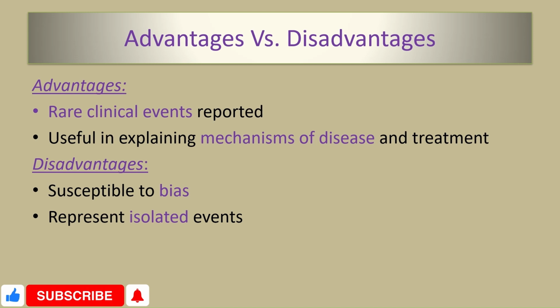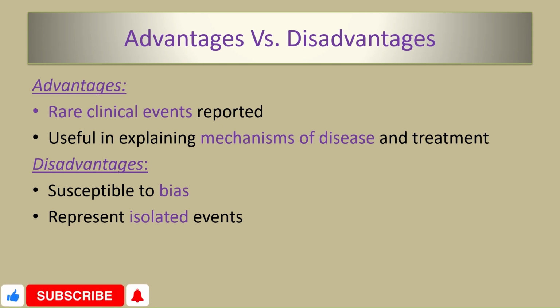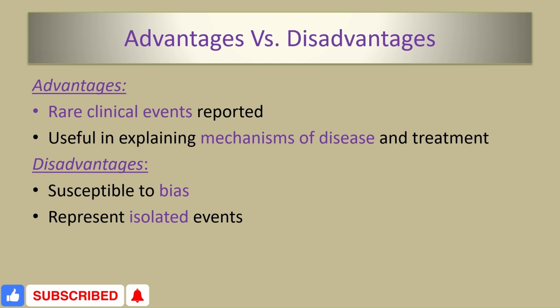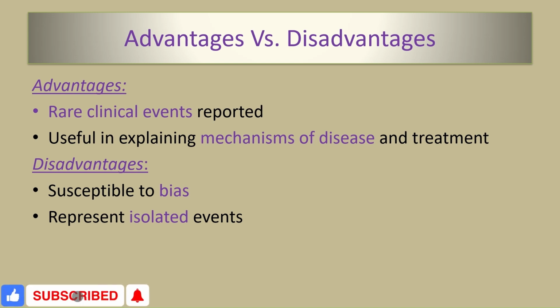Advantages and disadvantages. Advantages: rare clinical event reported, unusual in explaining mechanism of disease and treatment. Disadvantages: susceptible to bias, report represents an isolated event.